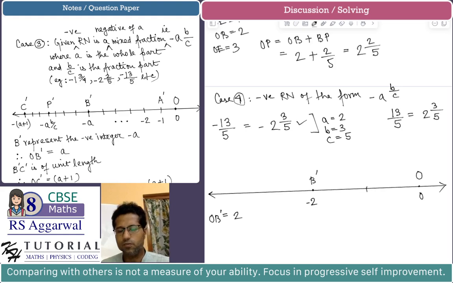The distance is always a positive number. Never say that OB dash is minus 2. No, OB dash is 2, it's a distance, and distance is always a positive number. And B dash represents the integer minus 2.